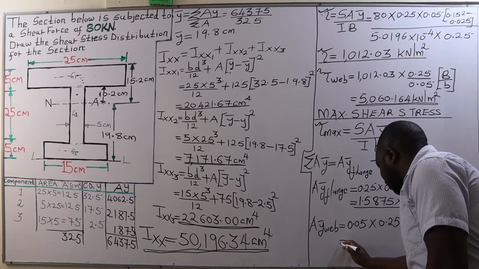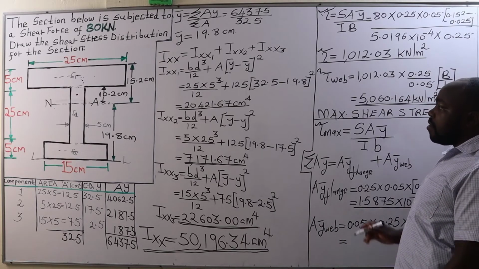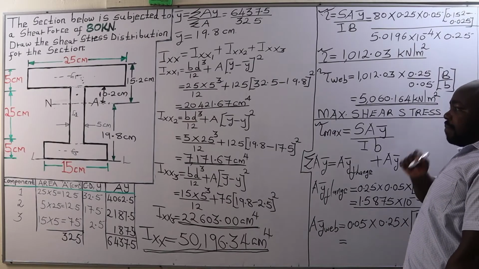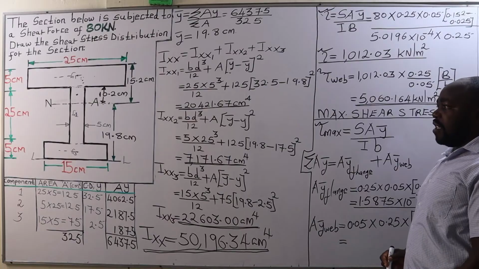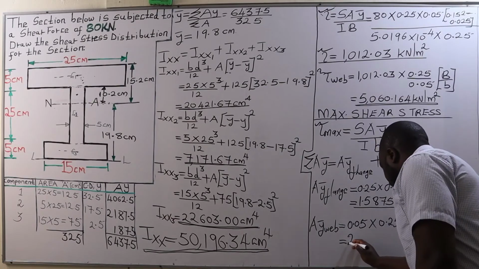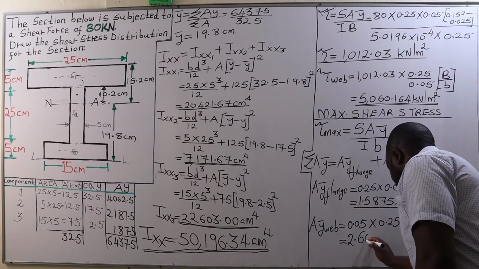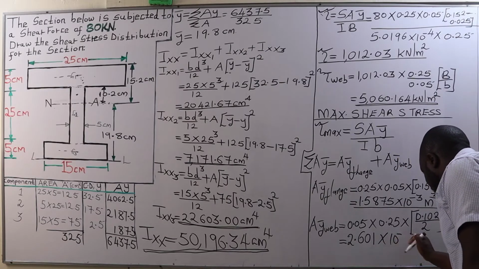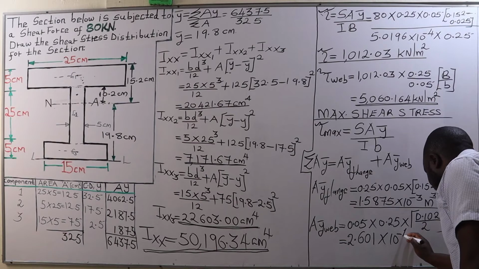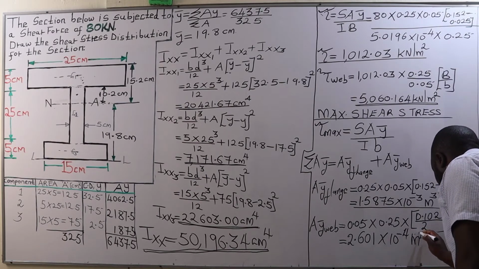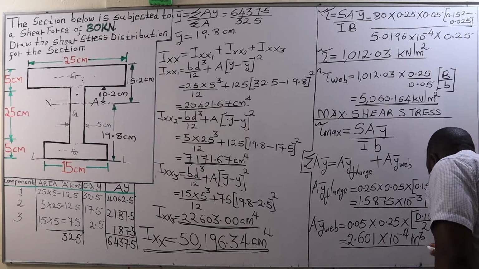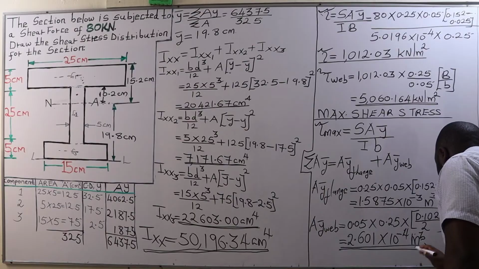And when we multiply, A bar Y for the web is going to give us 2.601 times 10 raised to the power of negative 4 meters cubed. Therefore, that is A bar Y for the web.